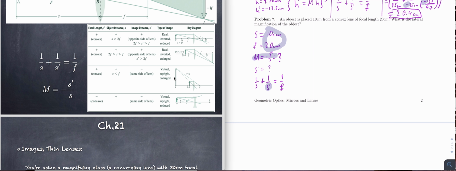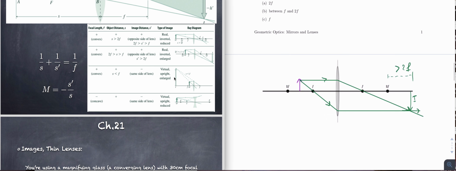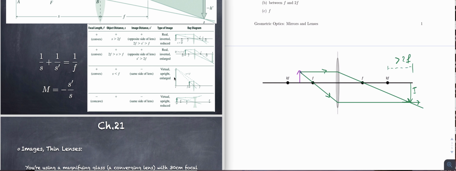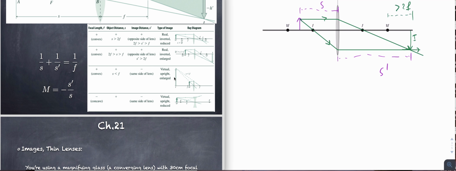Okay, and if you look at the way we've defined S, of course this was S here, and then right here is S prime, and we've always called this positive.